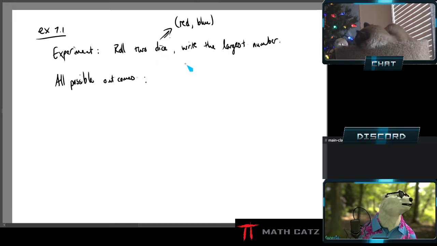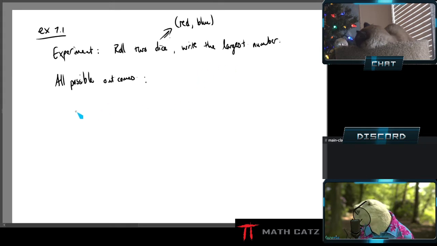And every time it is done, I write down on my clipboard what the result is. So the wording is important. I'm not writing down, for example, I roll a 2 and a 3. I don't write down 2 and 3. I write down, as the result of this experiment, the largest number that I see.